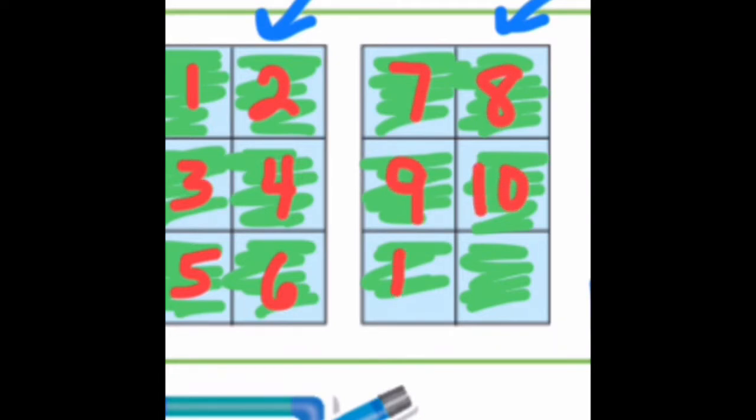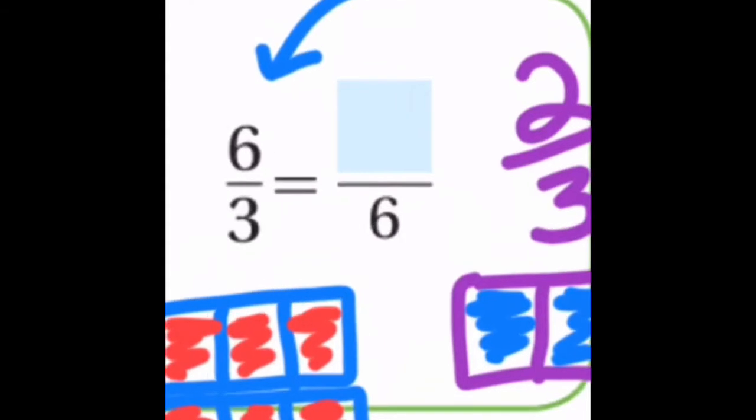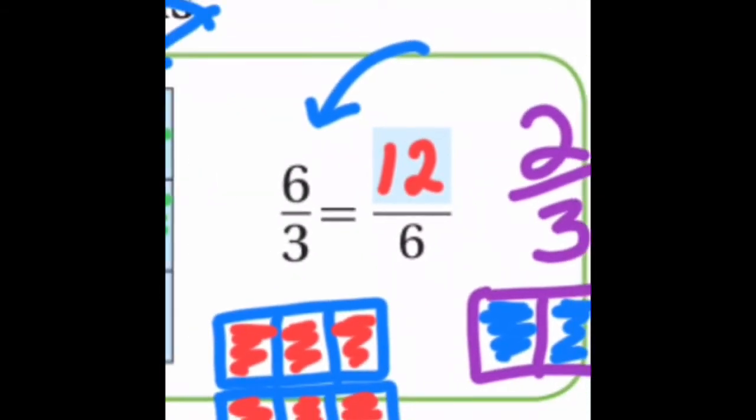Okay, now we have to figure out the numerator, and all we have to do there is count them. 1, 2, 3, 4, 5, 6, 7, 8, 9, 10, 11, 12. I colored in or shaded in 12 sixths. So I can write 12 right here. 6/3 is the same as 12 sixths.